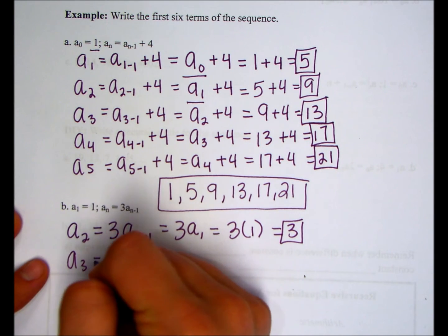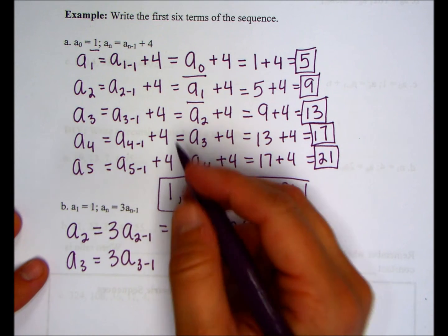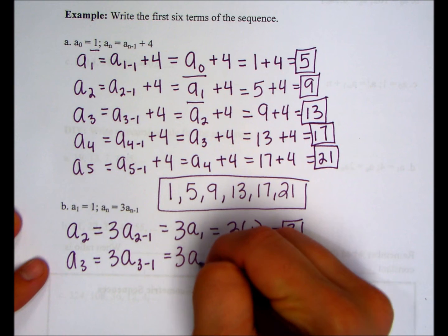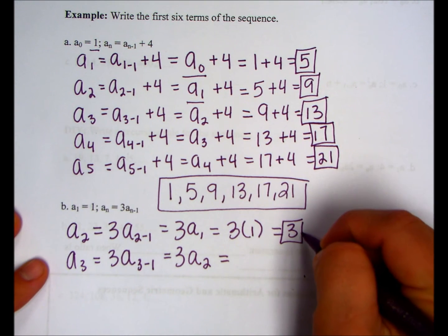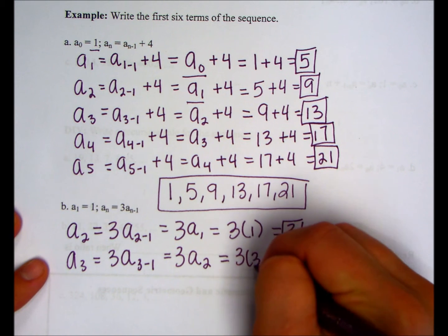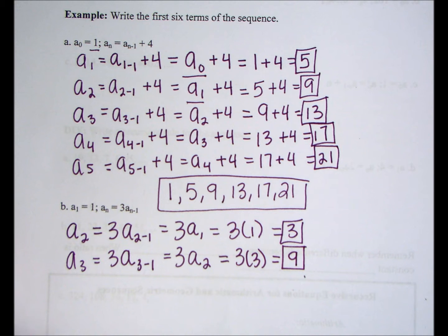A sub 3 is going to be 3 times a sub 3 minus 1, which is 3 times a sub 2, which we just found out was 3, so then this is just 3 times 3. So all I'm doing here is multiplying 3 by the previous term.